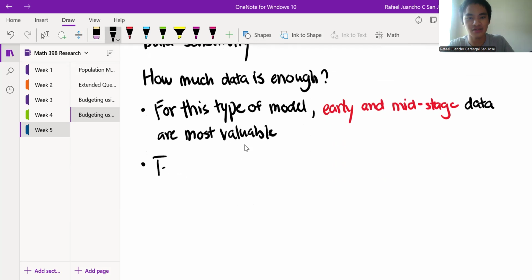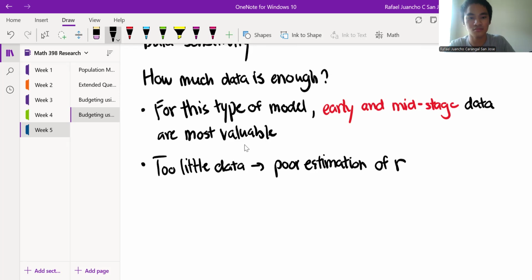Another thing is that too little data for the curve fitting part can lead to poor estimation of R. And then too much late data could skew the fit, right?